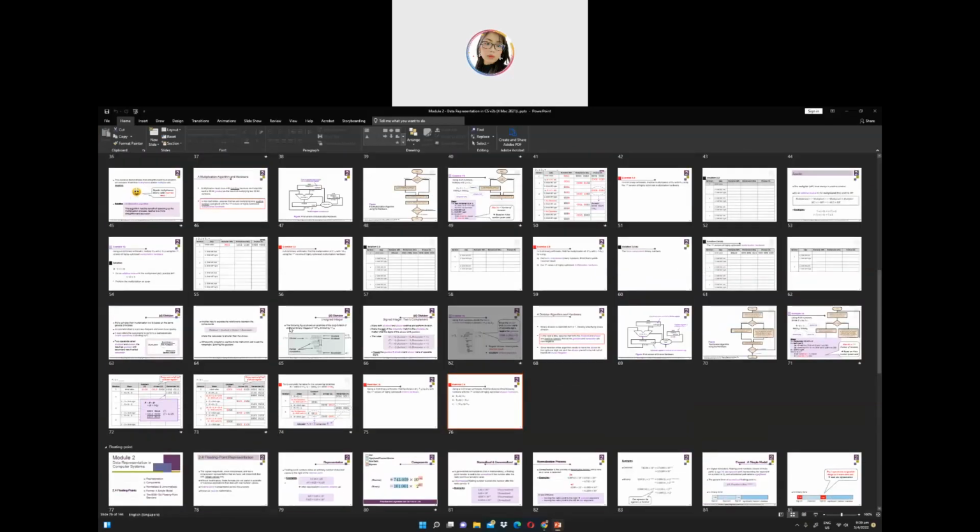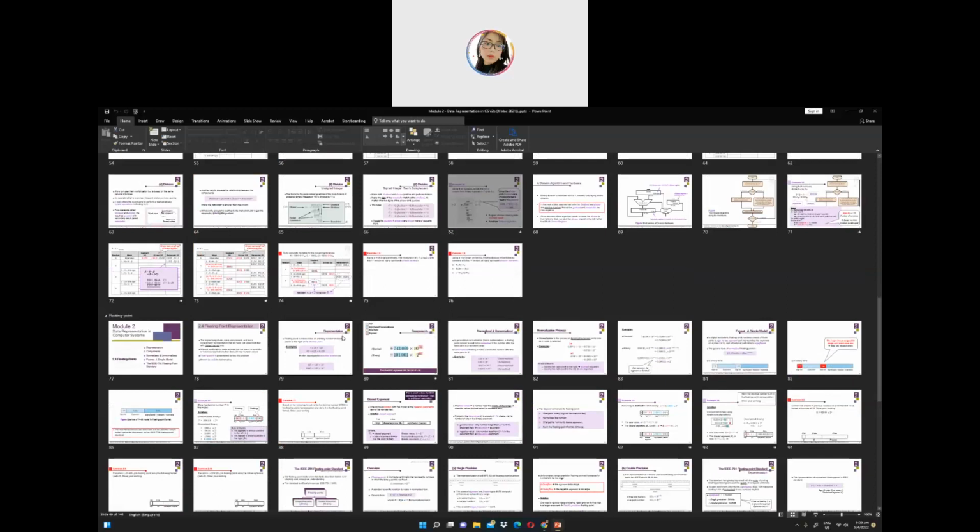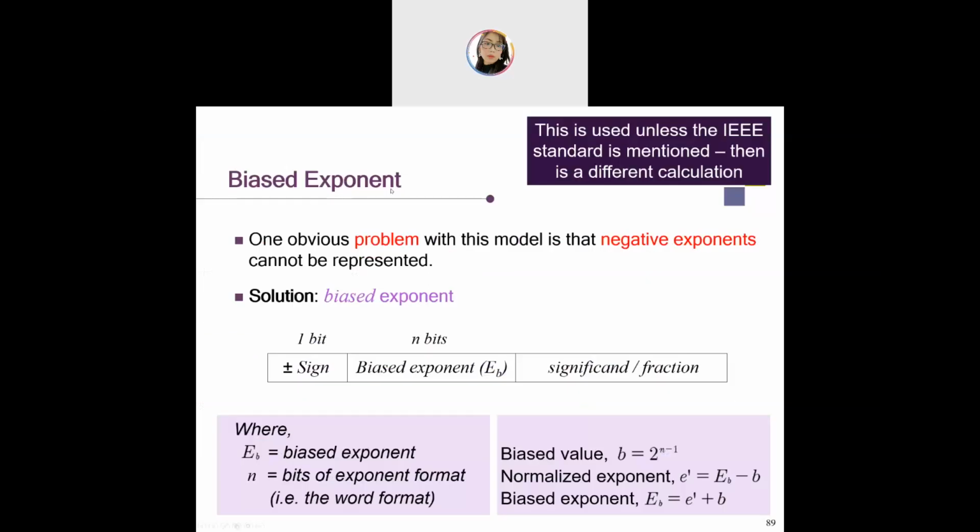Last time I mentioned most of it might be on the theory part. Let's say for the bias exponent I mentioned, you might spot a question asking what is the bias exponent and so on. Because you don't know whether it can come out or not.